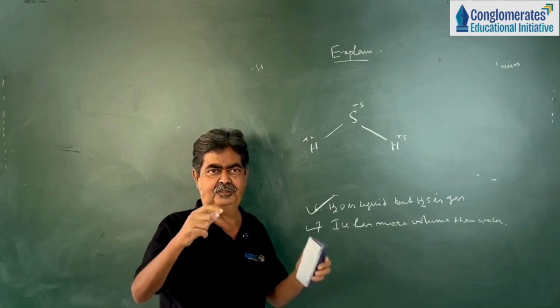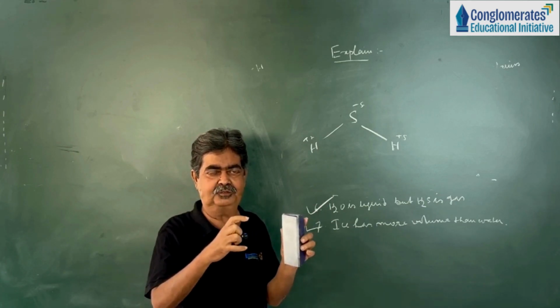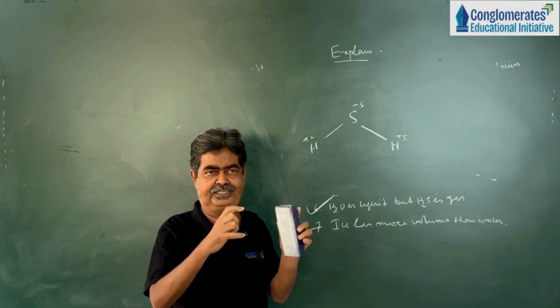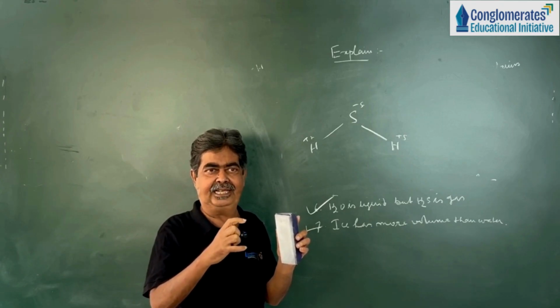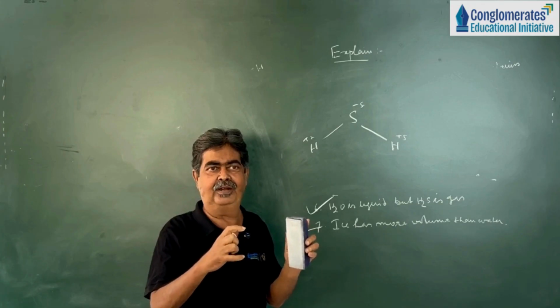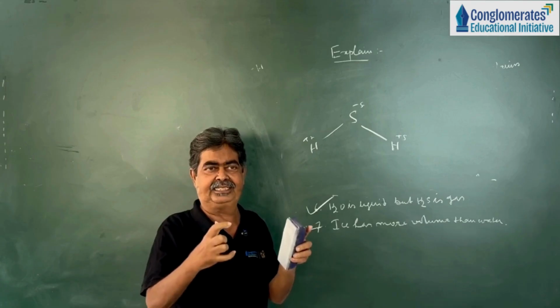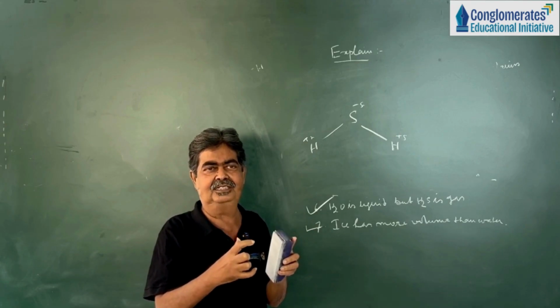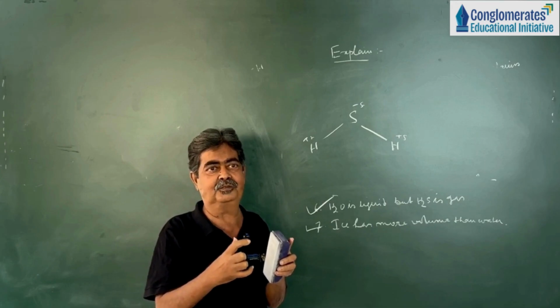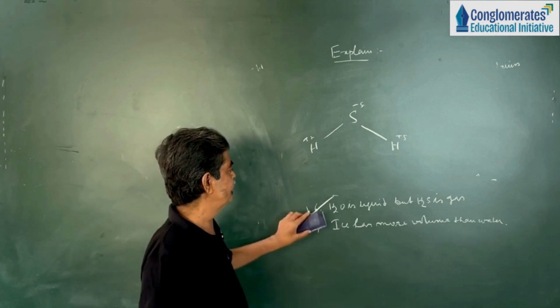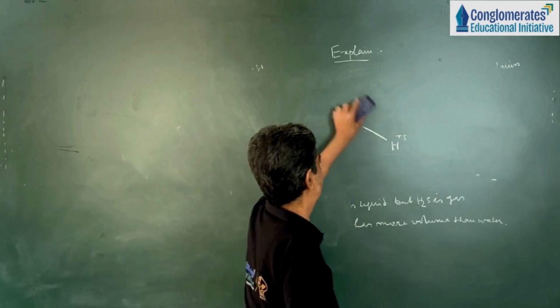So 5 water molecules are held with each other in a definite shape. That's why they occupy a large volume, whereas when they are present in water as a liquid, they are very close and compact with each other. That's why ice has more volume than water. Let me explain with the help of the structure of ice.